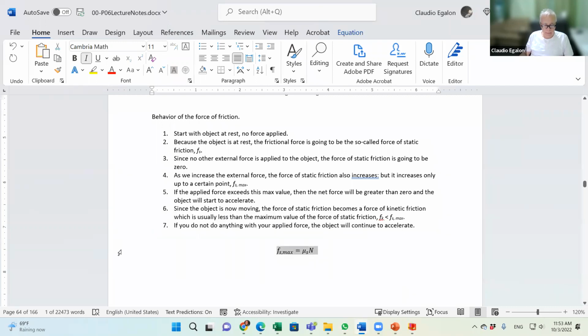Don't forget that your regular force of static friction is going to be greater or equal than 0.